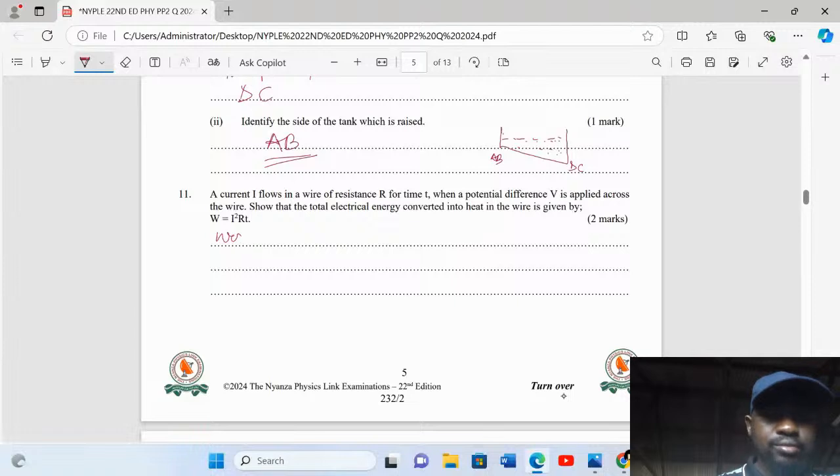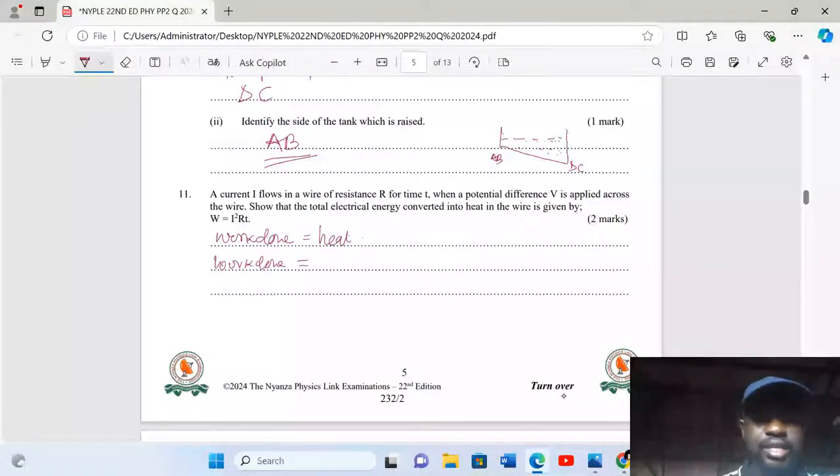So work done will be the same as the heat. Therefore, work done on a steady current carrying conductor is given by QV.